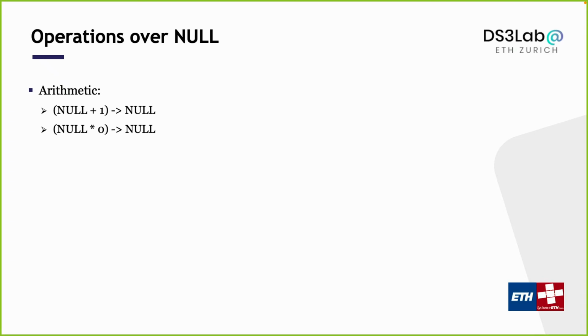Whatever you do over null is going to give you null. And when you compare the null value with some other value, it's going to evaluate not only to true or false, it's also going to evaluate to a value called unknown.